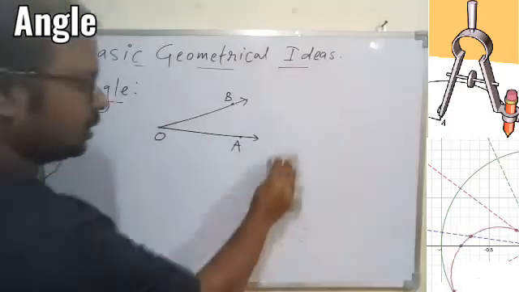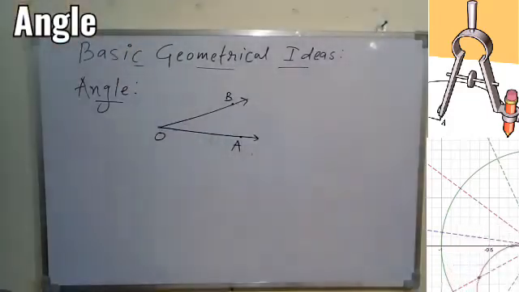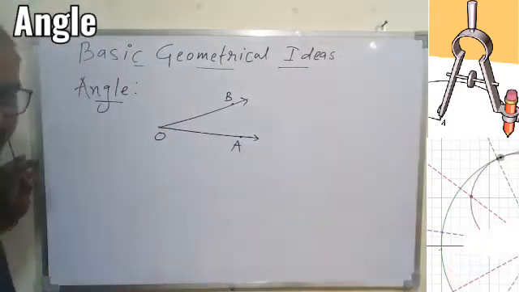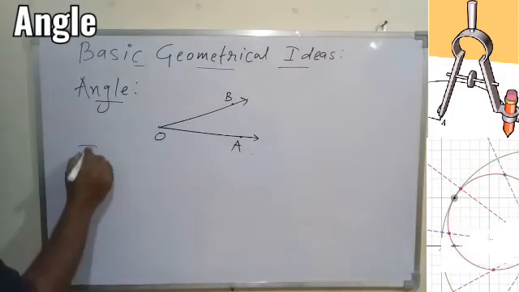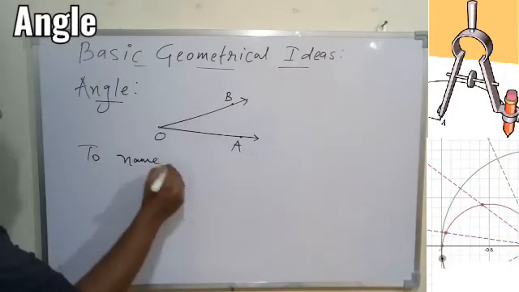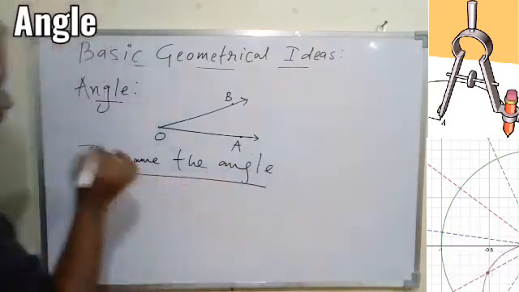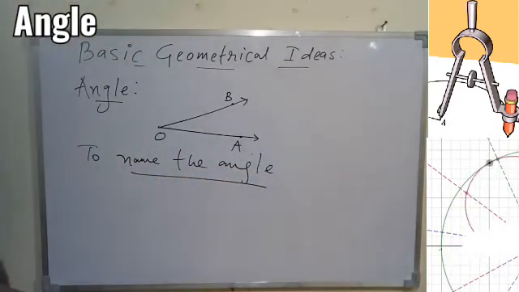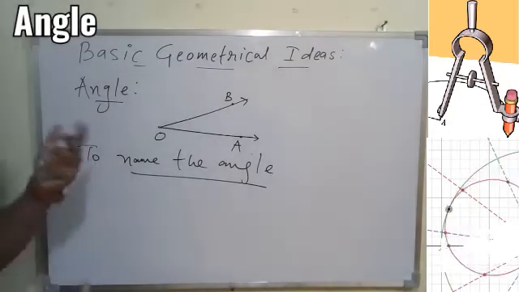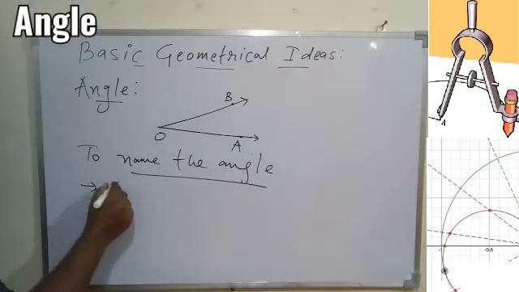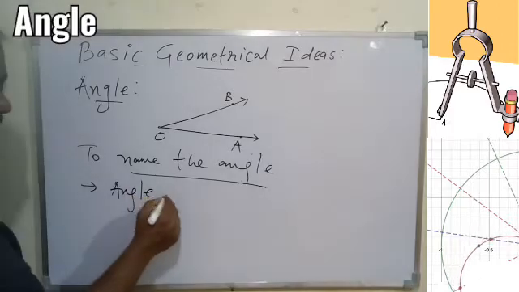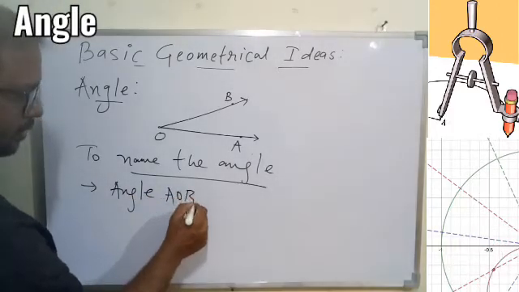Next thing is, if we talk about this angle only, how to name this angle? To name the angle, we have different ways. In general, how do we name the angle? First thing we can write is angle AOB.